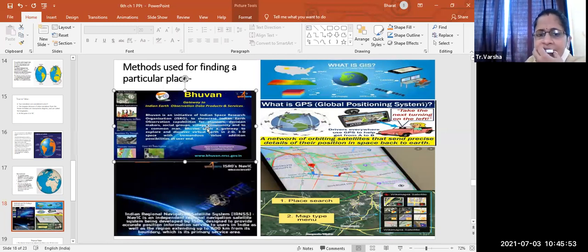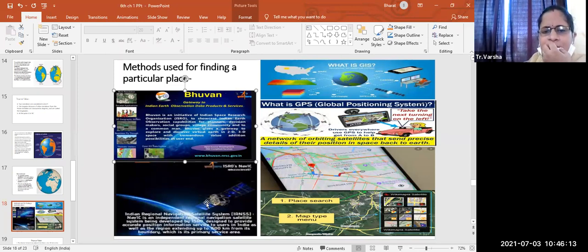From this satellite we get information about social groups, about the villages, how many villages we have, about the common man and society. All these we are getting with these satellites.